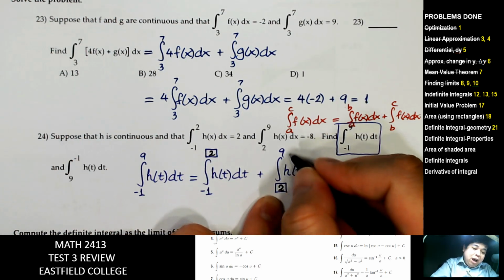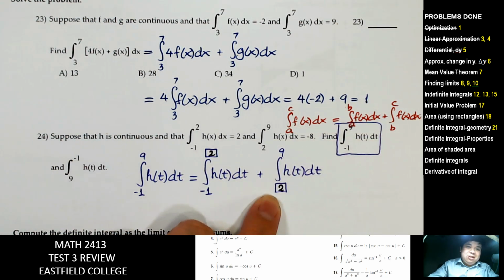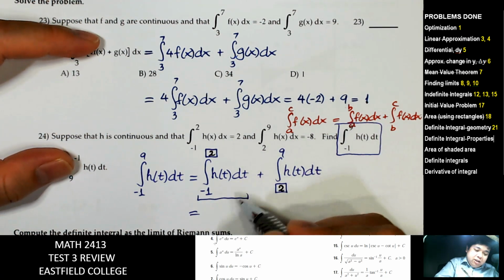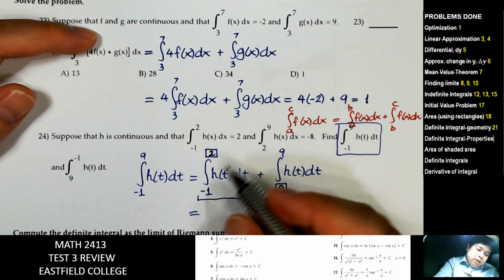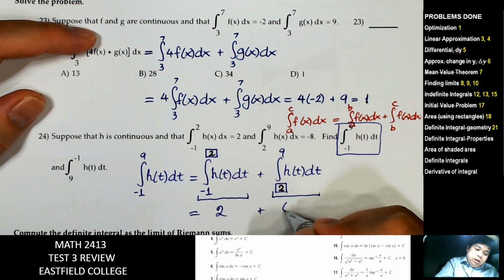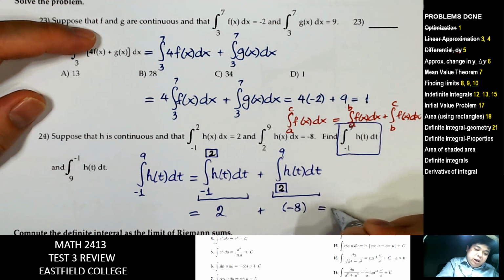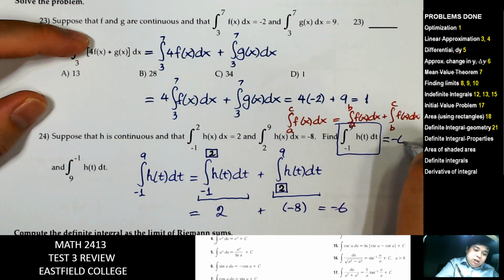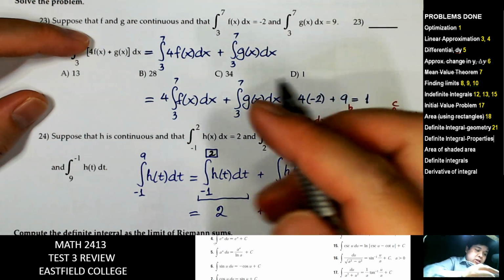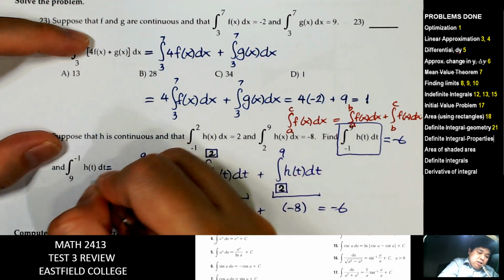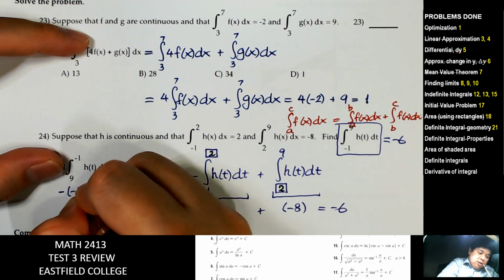So this integral gives us 2, and that integral -8, so -6, and so that is -6. Now if we interchange the limit, it's going to be the opposite, so this is just 6.